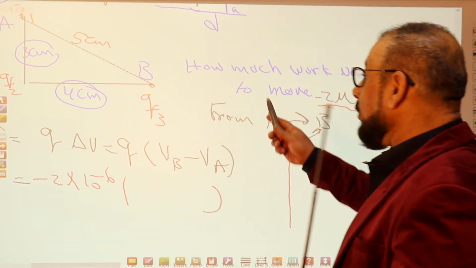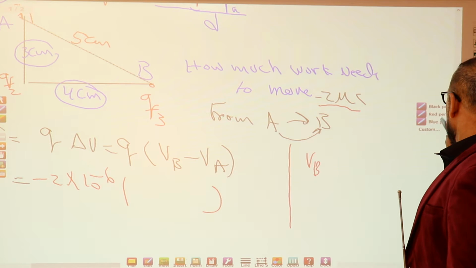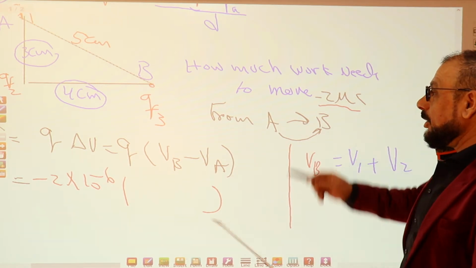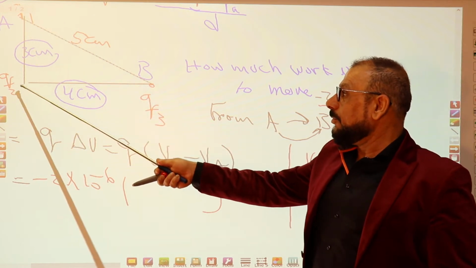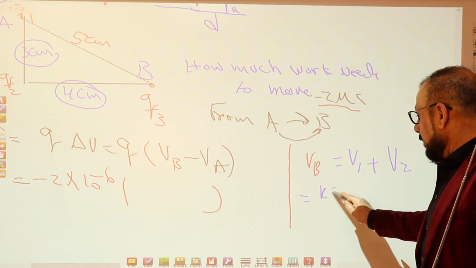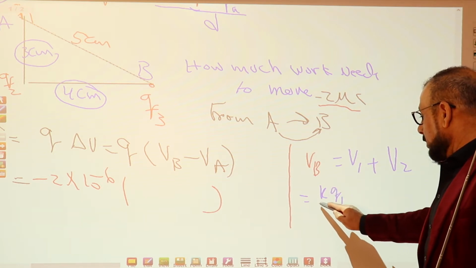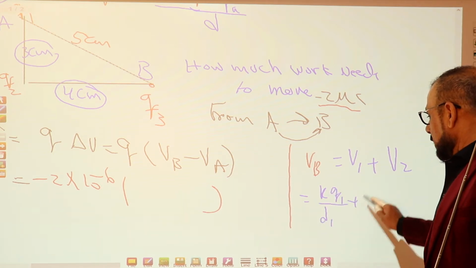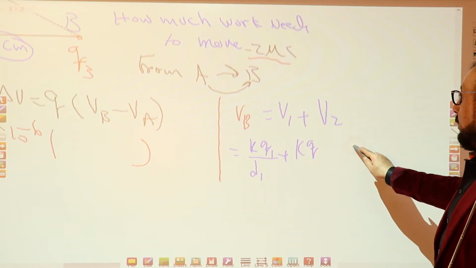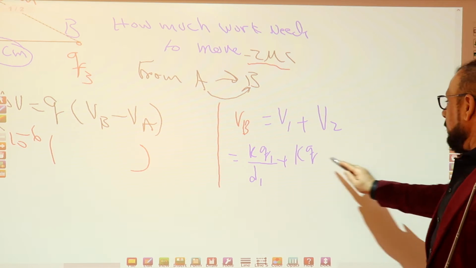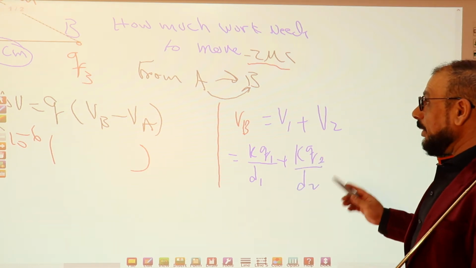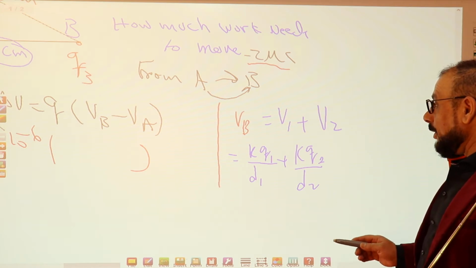You find V from charge 1 plus V from charge 2 at B, which is K Q1 over D1 plus K Q2 over D2.